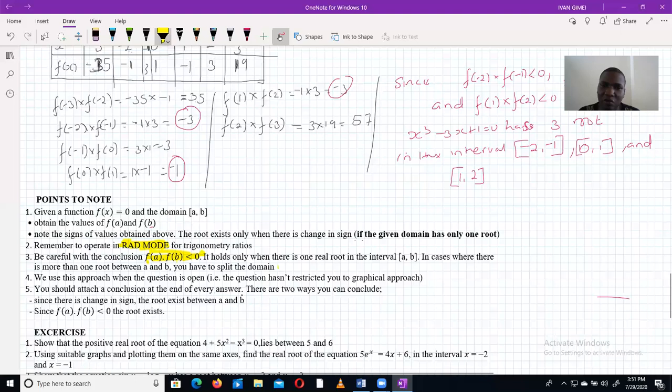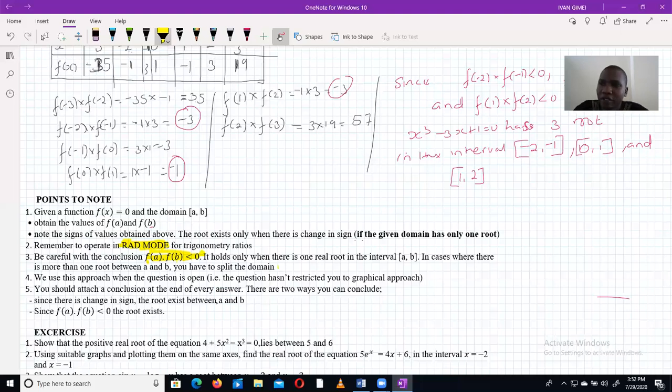There are two ways you can conclude. One is by getting a product, and if the product is less than 0, negative, then you say the root exists. Or you can simply observe the sign changing, negative to positive, or positive to negative, and conclude that since it's changing sign, the root exists.